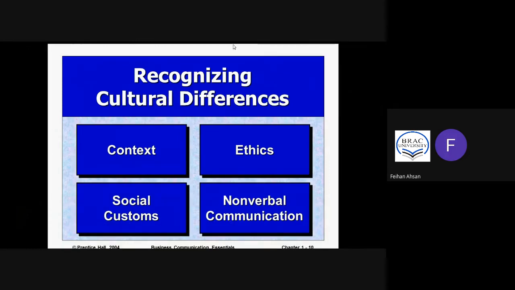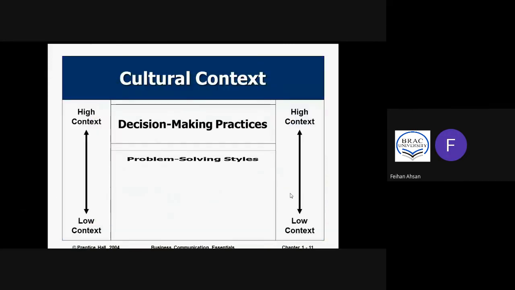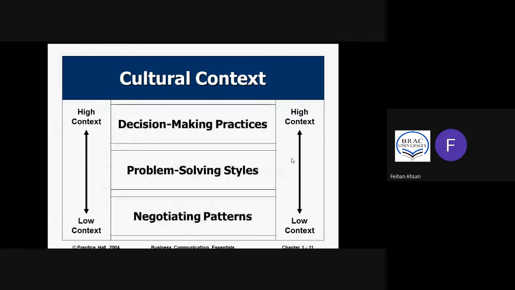So cultures can vary in terms of context, ethics, their social norms or customs, and the nonverbal communication or body language. Now, whenever we're talking about cultural context, there are two broad types of cultural context: high context cultures and low context cultures.